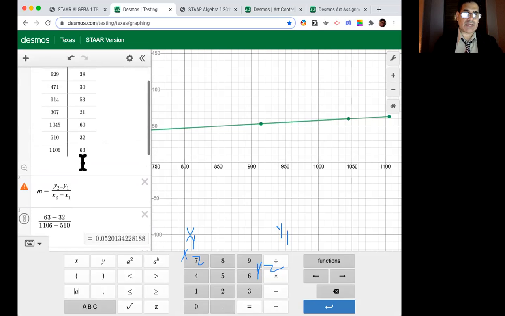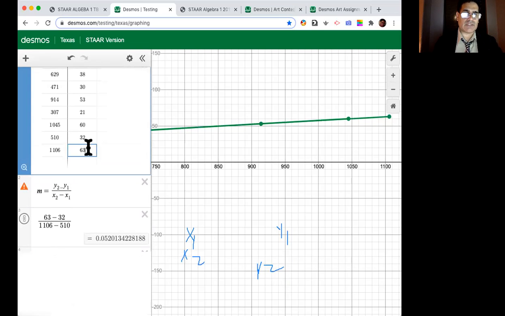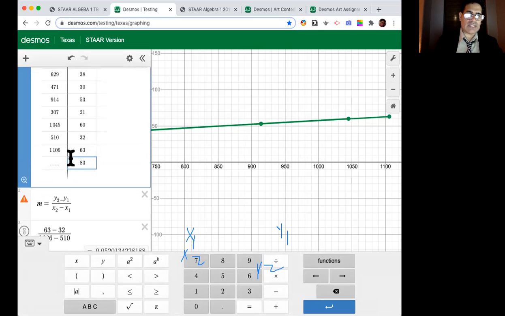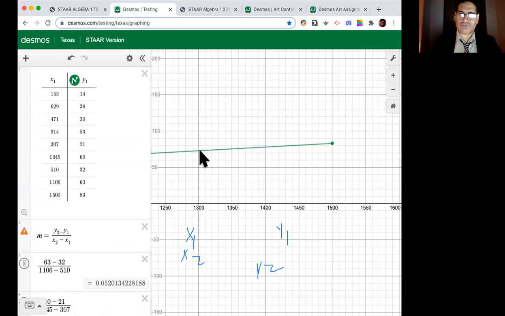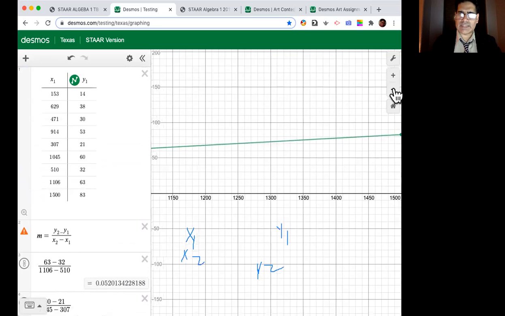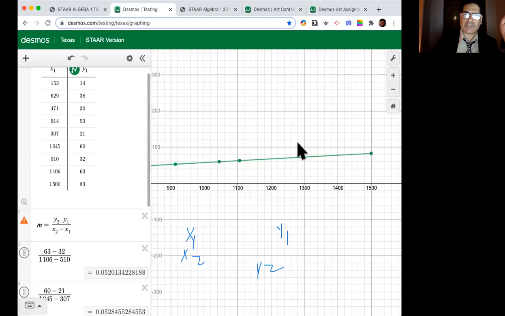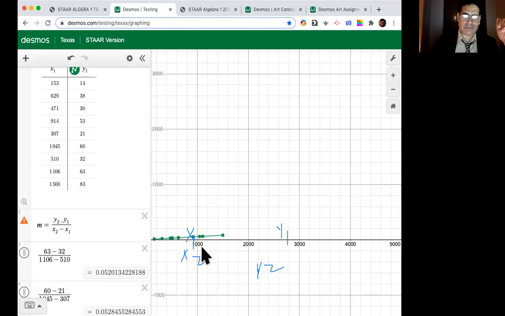And if we were to put that in there, 83 and 1500, sort of just to confirm. I guess if we put all of these points in there, it would give us something more disparate. But I mean, it's pretty much telling you.